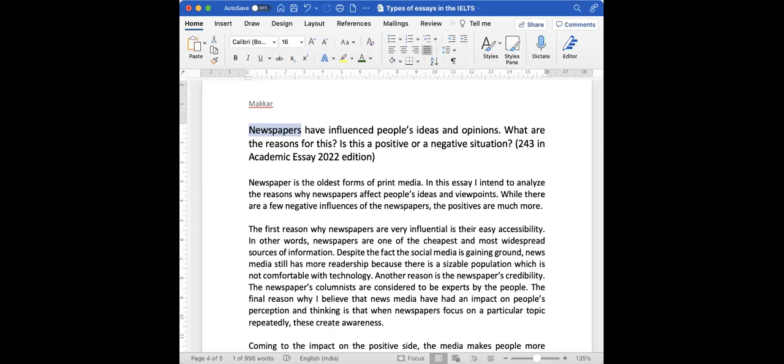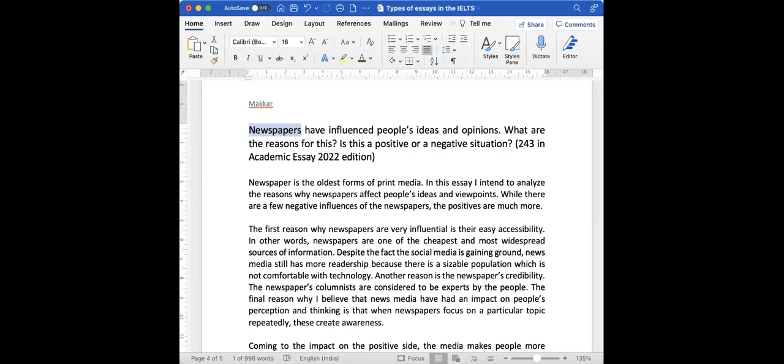Third, media shapes our opinions. If the media tells us such and such person is good, we start saying that person is good. If the media tells us this person is bad, we start saying that person is bad. That is, media shapes our opinions.